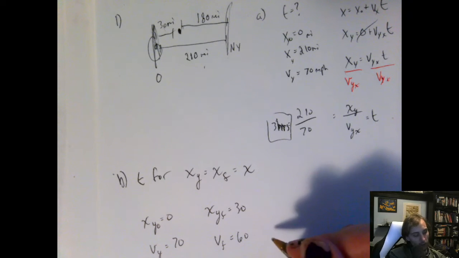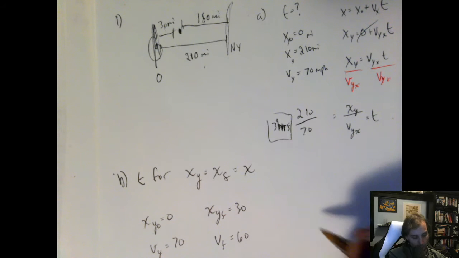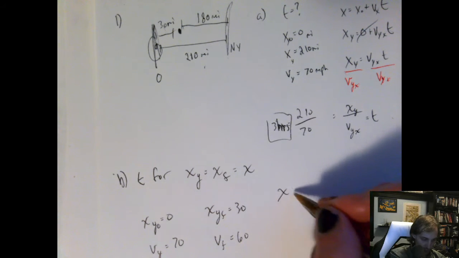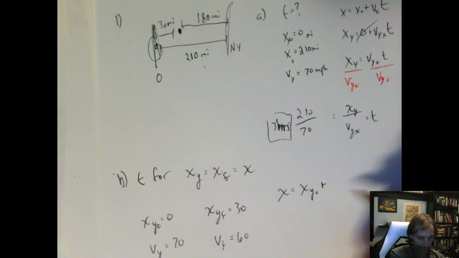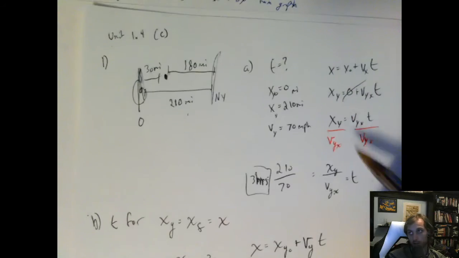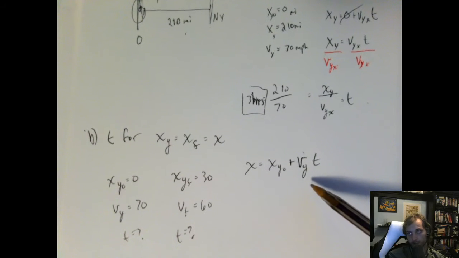And so what we can do, and time is our variable, is set up an equation for each of these. X is equal to x_u naught plus the velocity of u times the time. And we're just taking our original equation up here and plugging in the specifics of this situation.